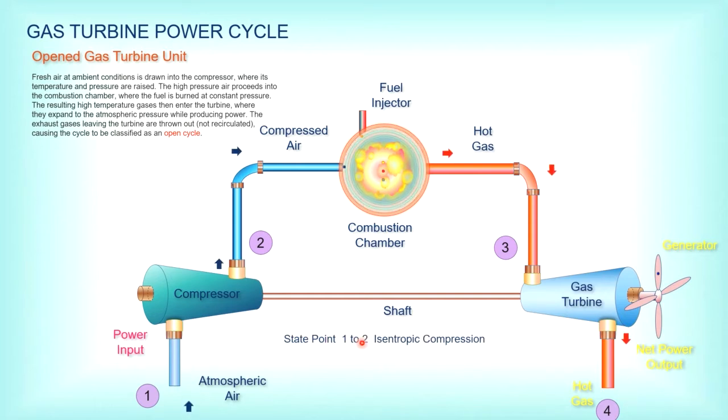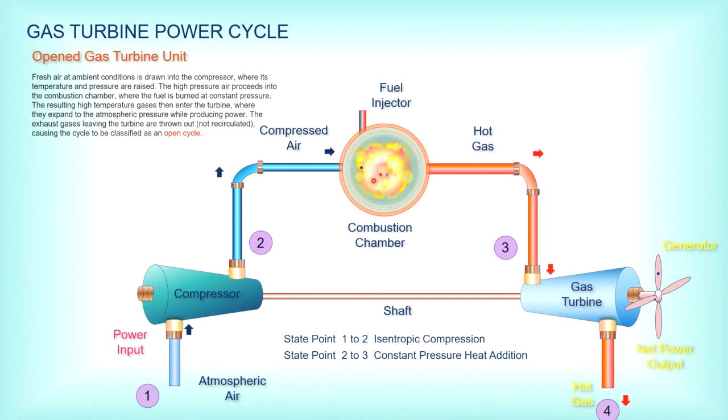So state point 1 to 2, from here to here, undergoes isentropic compression. By now, you should know what is isentropic. This is constant entropy compression. So usually here we exclude the heat transfer. It's isentropic. State point 2 to 3, from here to here, undergoes a constant pressure heating process.